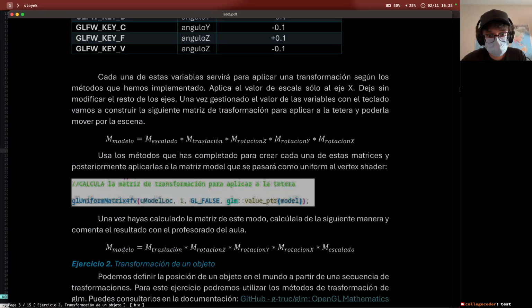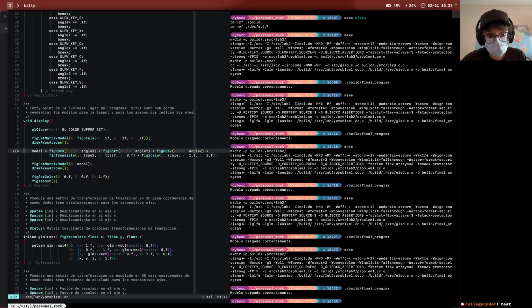So if you apply rotation, then transformation and scaling.